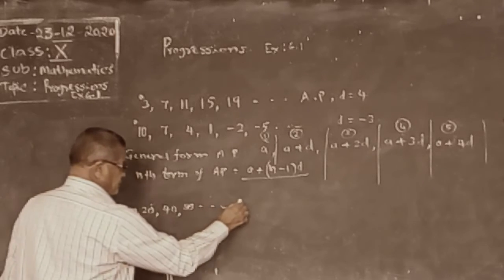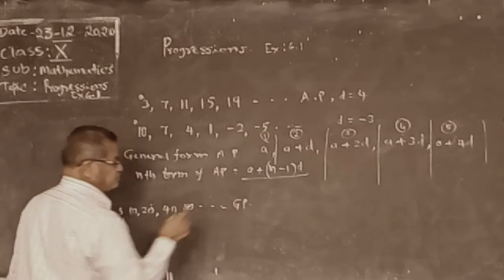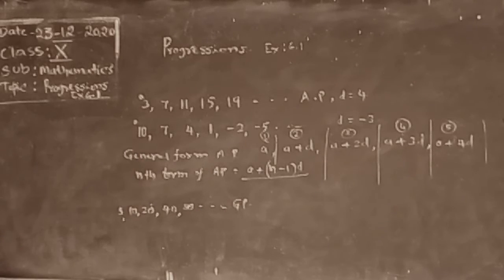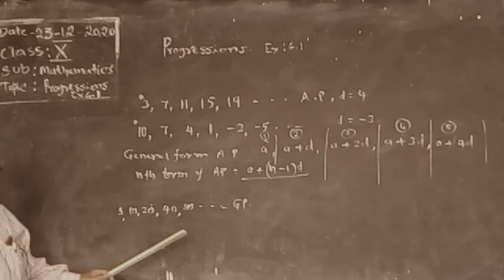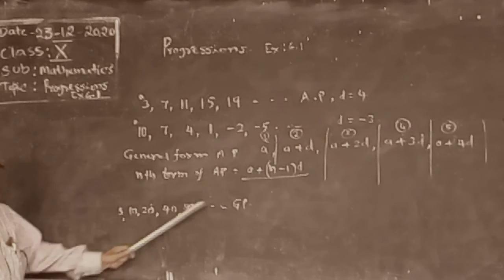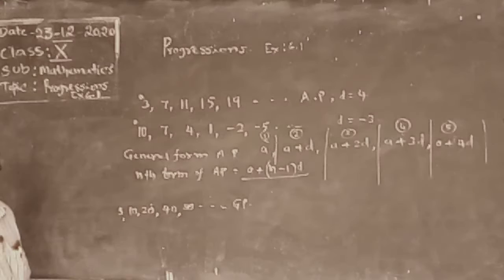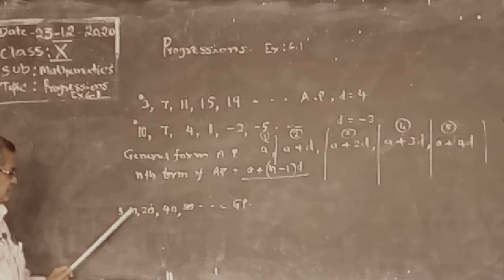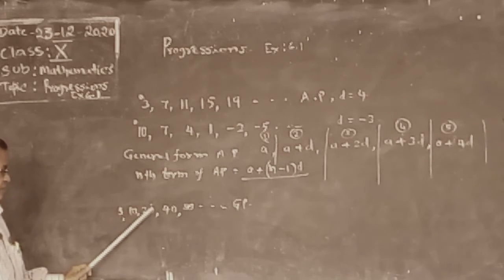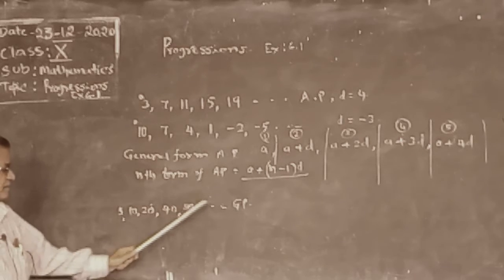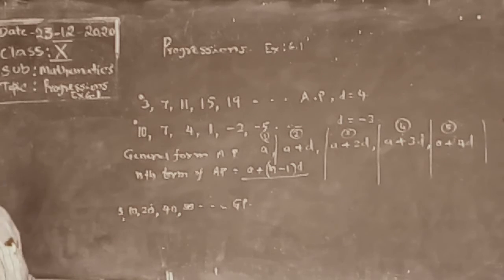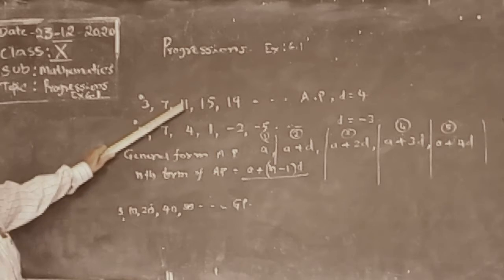Now this is GP, geometric progression. Of course, in further exercises we discuss in detail. Here the difference is 5, then 10, 20, 40. The difference is not the same. Observe these two.